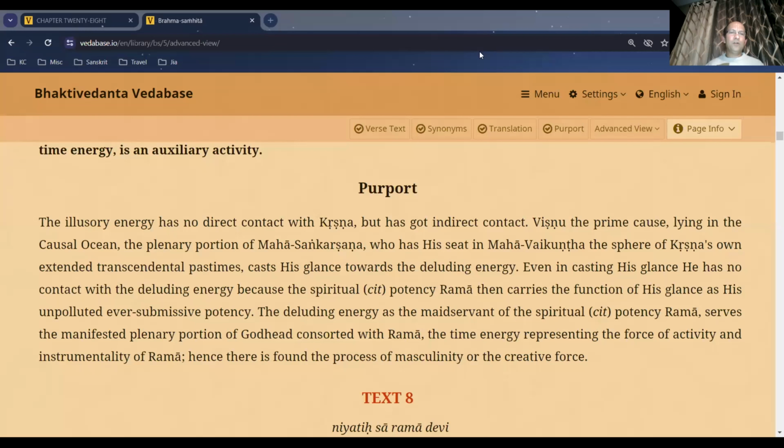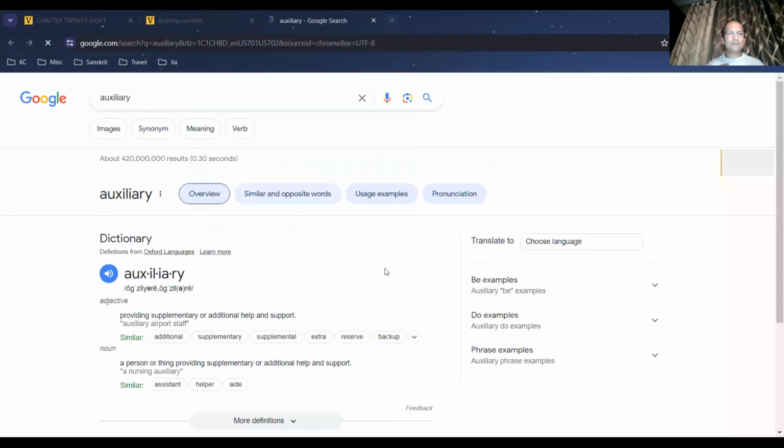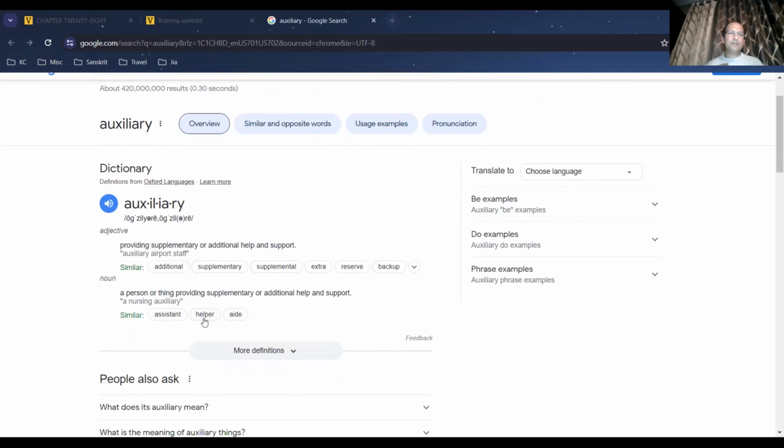Let's see the meaning of the word auxiliary: providing supplementary or additional help or support. So the material energy is not directly supported, but through the agency of spiritual energy, by means of time, it is supported. But it is still dependent on Krishna. It is not independent. That's my understanding, Mataji, based on this translation.